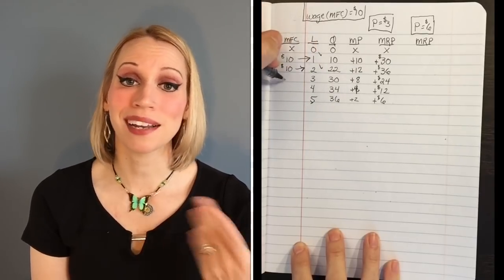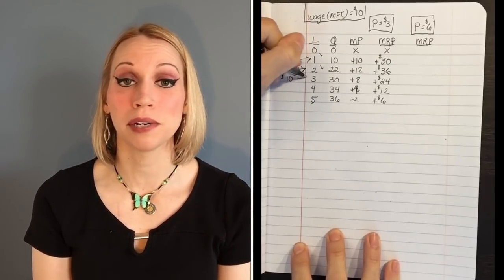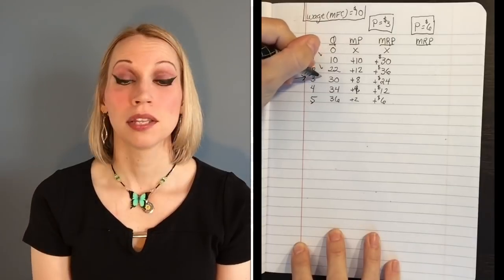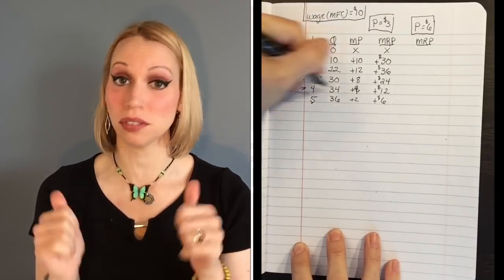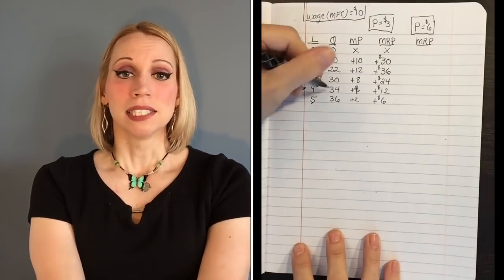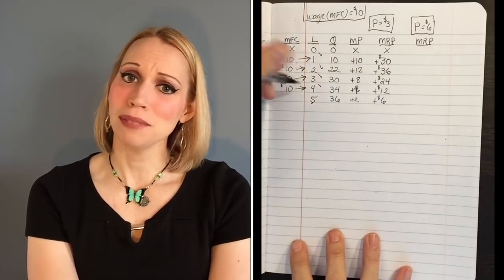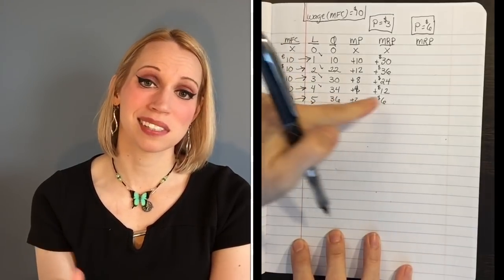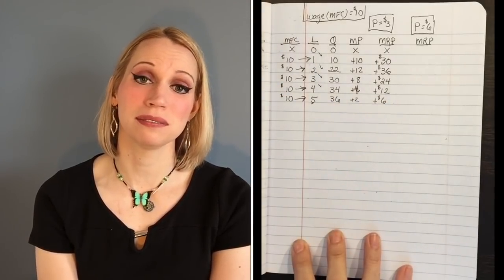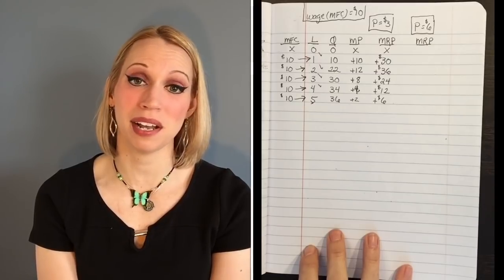The third worker, I spend $10 on them, but they're bringing in $24, still good. The fourth worker, I'm spending $10 on them, they're bringing in $12 in revenue, still good. The fifth worker, I'm spending $10 on them, but they're only bringing in $6 worth of revenue. They're not worth it for me to hire.